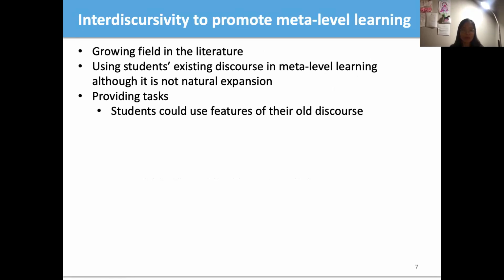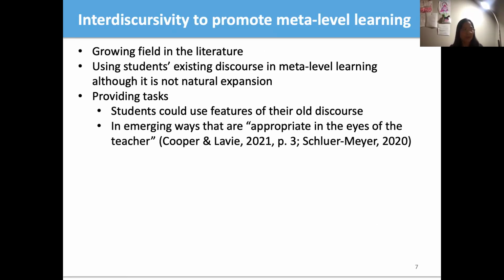So they suggested providing tasks to students in which they can use features of their old discourse, but in emerging ways that are appropriate in the eyes of teachers. So it has a component of student discourse, but at the same time, the instructor's practice is informed by formal discourse.